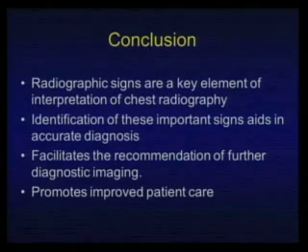For instance, if we have a prominent hilar region, oligemia in the lung, and a patient with tachypnea, and the patient has a vascular disease in the pelvis, we can think that probably there is a pulmonary embolism, and you have to suggest the next step, that is the CT angio. So knowing this sign is very important, because you can recommend the next step, and this promotes improved patient care.